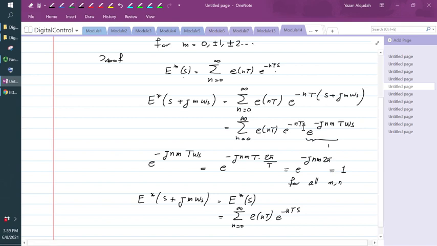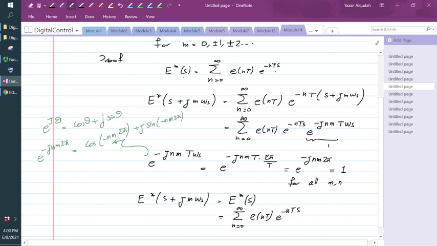Now, on the side, where is this coming from? Because we know e to the j theta is equal to cosine theta plus j sine theta, and therefore e to the negative j n m 2 pi is going to equal cosine of negative n m 2 pi plus j sine of negative n m 2 pi.